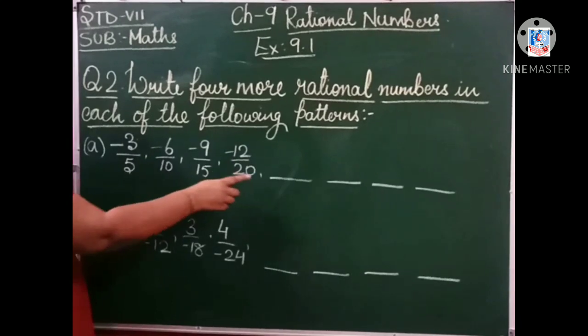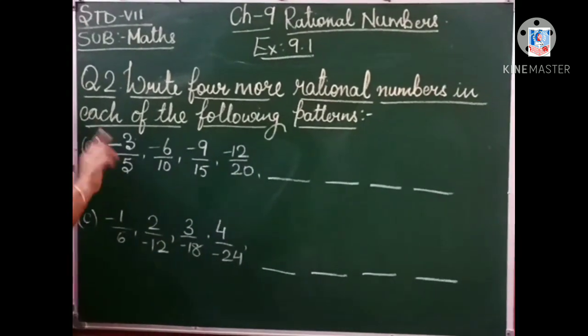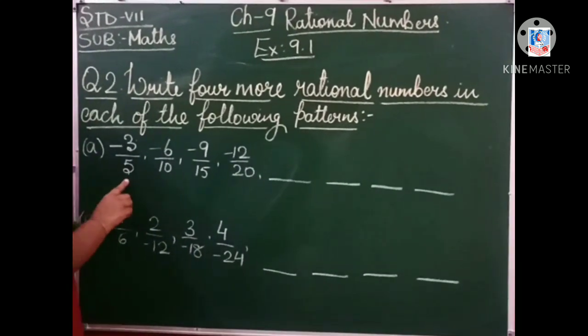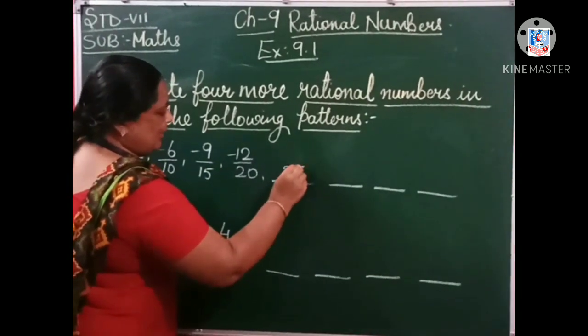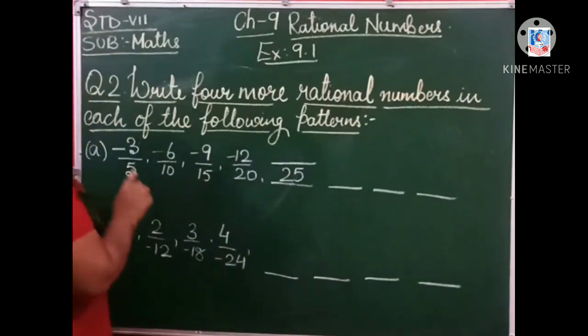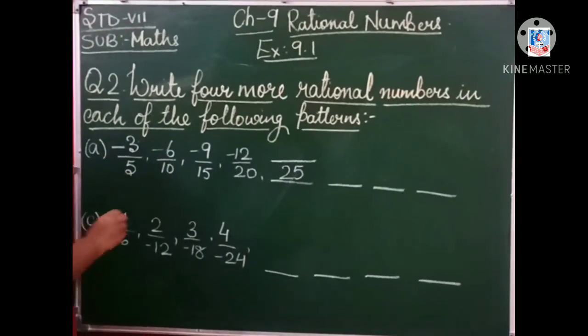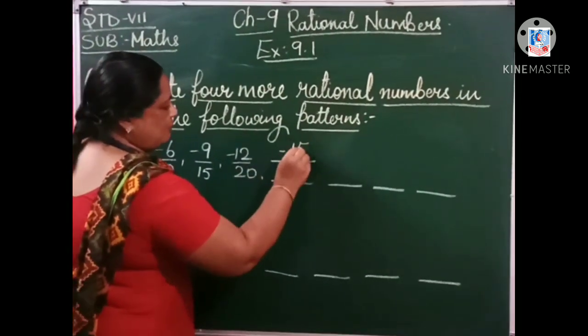So 2, 3, 4. Now what will come? 5. 5 5s are 25, and minus 3 into 5 is minus 15.